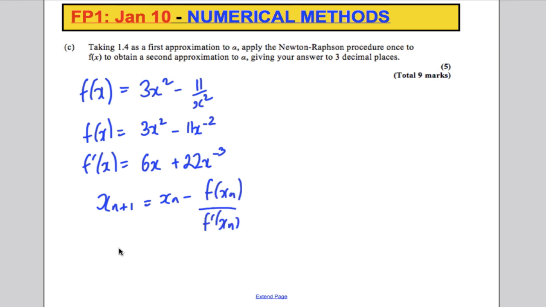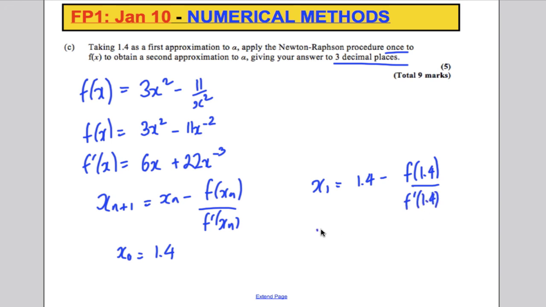Our x0 they want us to have as 1.4. So you should be going down the page, but I'll go across it. You want to only apply it once to get your answer to 3dp. x1 is therefore 1.4, subtract f of 1.4 over f dash of 1.4. Now, it's just a calculator game.